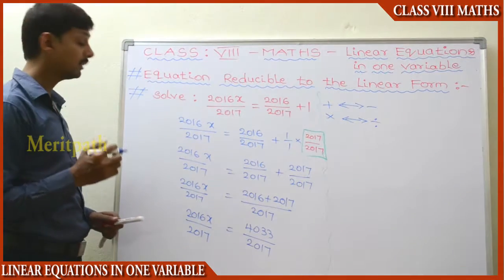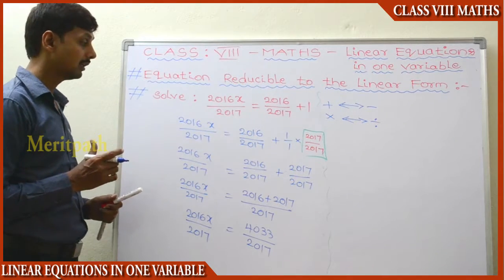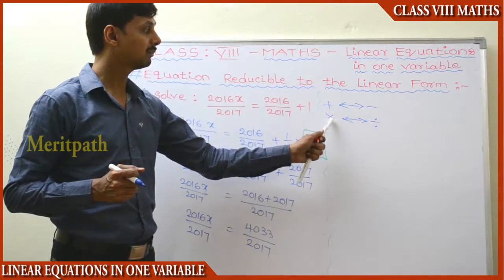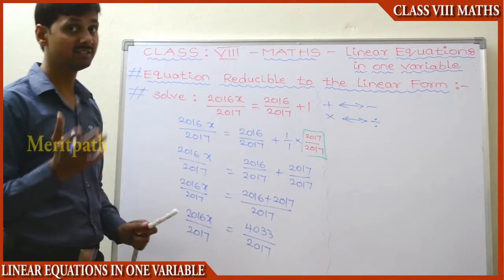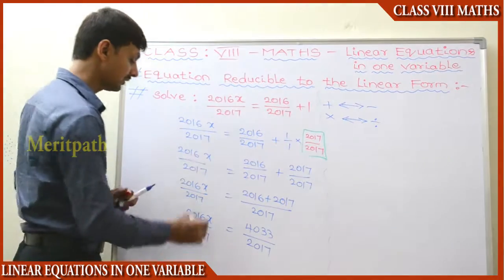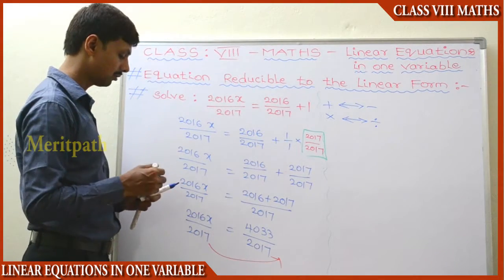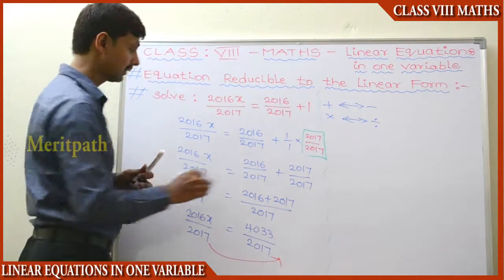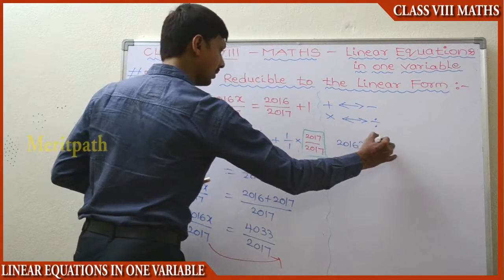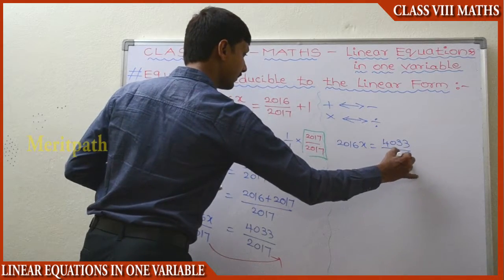So we need to find out the value of x. To find out the value of x, let us use the rule of transposition, that is, multiplication changes to division and division changes to multiplication. So transpose this 2017 to the right hand side. So 2016x is equal to 4033 by 2017.